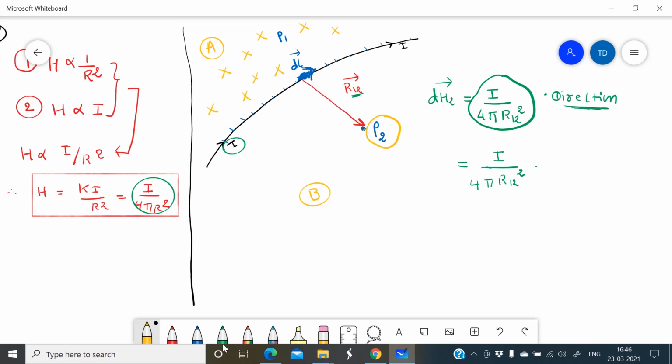So the magnetic field is outside from this side, and here the magnetic field is inside, so I will represent it using a dot.